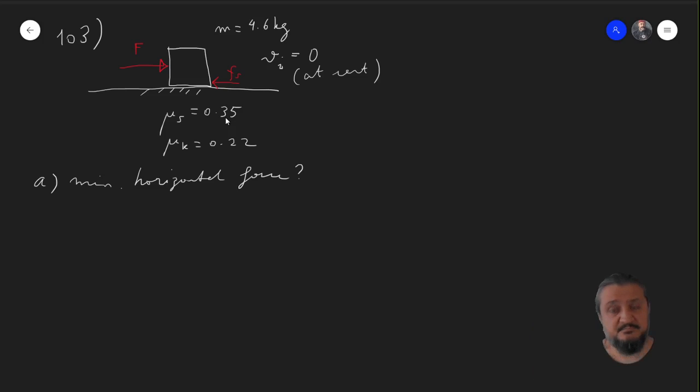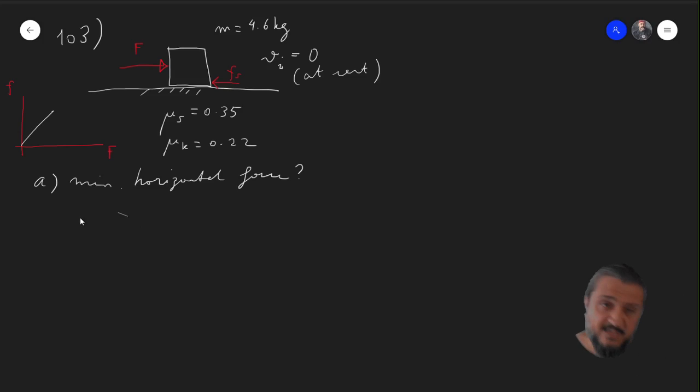Okay? So if you draw the picture, let this x-axis represent the force you push it with, and let this one represent the friction force. It'll be a line. On that line, the two are equal to each other, okay?